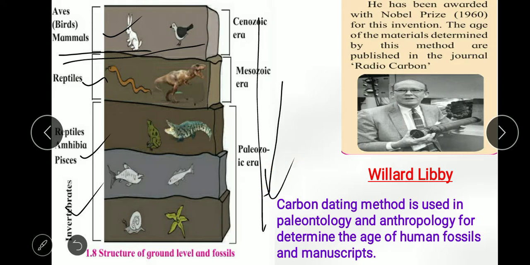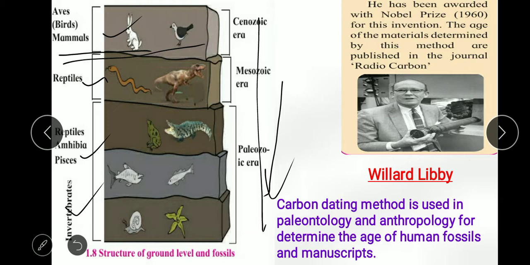So as we go deeper inside the earth surface and get the fossil fuel, we can say it is older, and has been there inside the earth surface for many years, students. One scientist, Willard Libby, was awarded the Nobel Prize in 1960 for this invention.